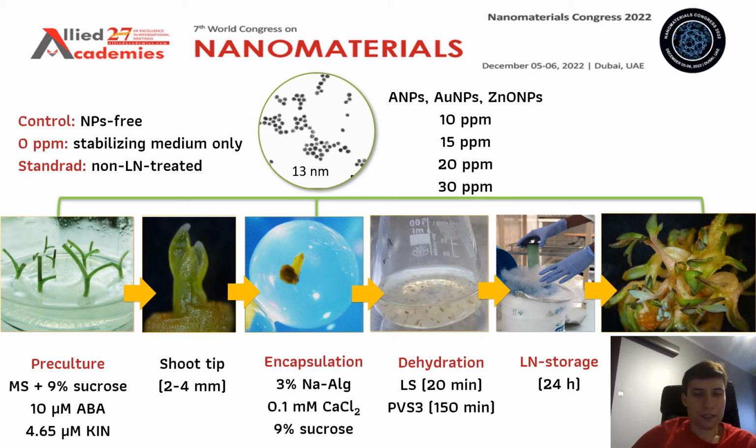So in general, the addition of nanomaterials, especially zinc or silver, into the pre-culture medium was able to increase the survival of the explants in some of the tested cultivars, not in all of them, but some of them in fact had a higher survival. It was not a very big change, although it was still significant. It was somewhere about 10 or 15%.